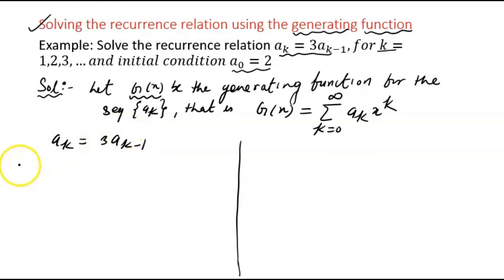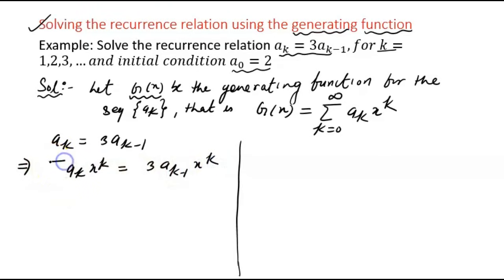So what we will do here is first multiply both sides by x to the power k.